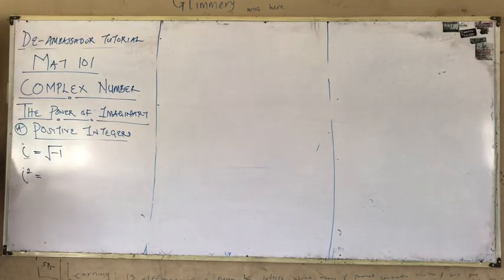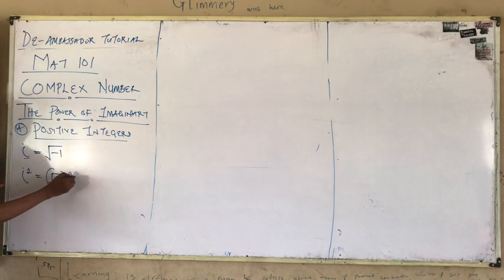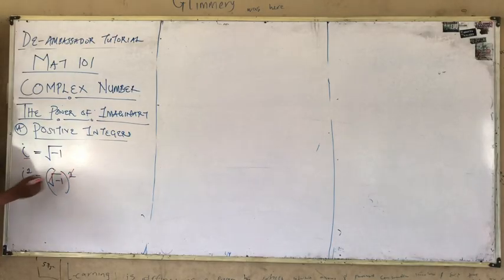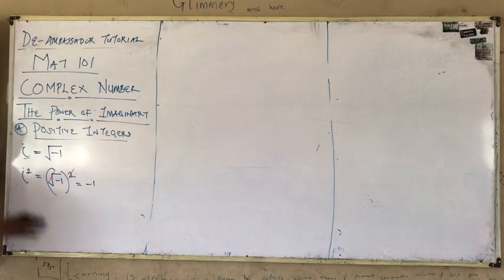So in that case, I can say square root of minus 1 all squared. Do you agree to that? So when I say i squared, I can literally say square root of minus 1 all squared. What will happen to the square root? It cancels out. Then I'm left with that. Put that in mind. Okay?